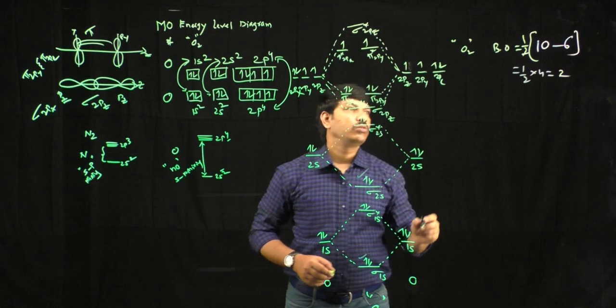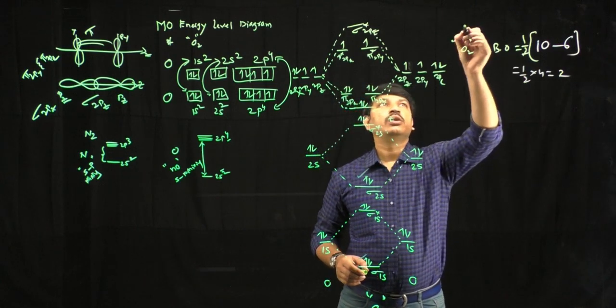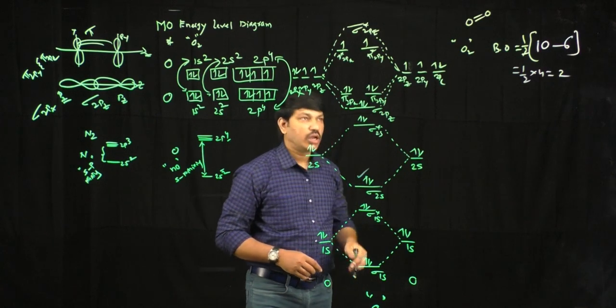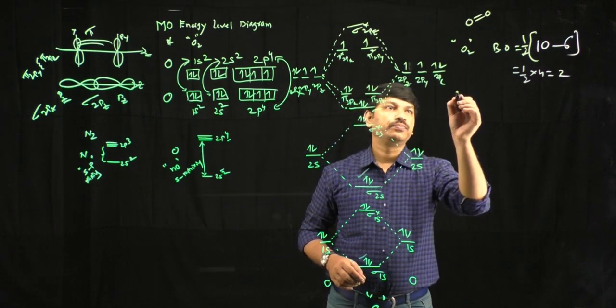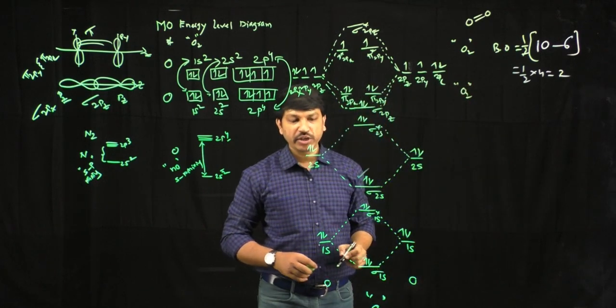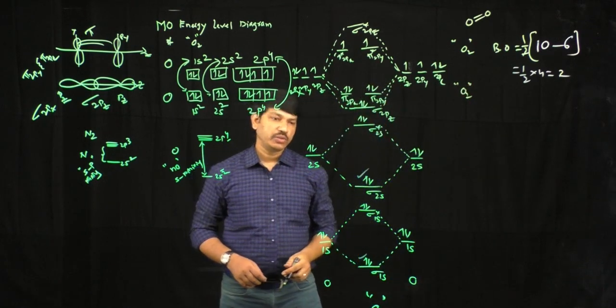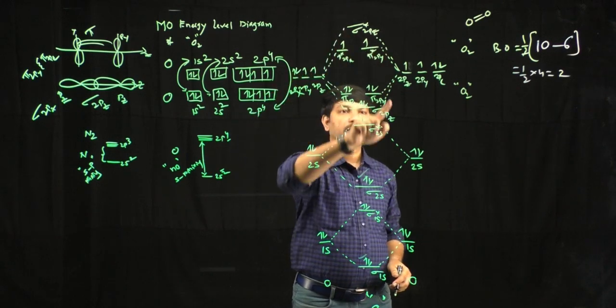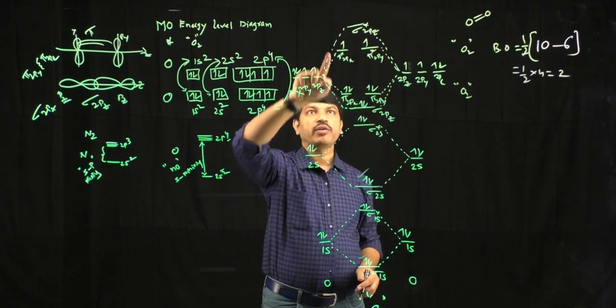So this bond order 2 indicates that between the 2 oxygen atoms there is a double bond. And coming to the magnetic nature, whether this O2 molecule is paramagnetic or diamagnetic, how do we differentiate that? Just see all the bonding and anti-bonding molecular orbitals.